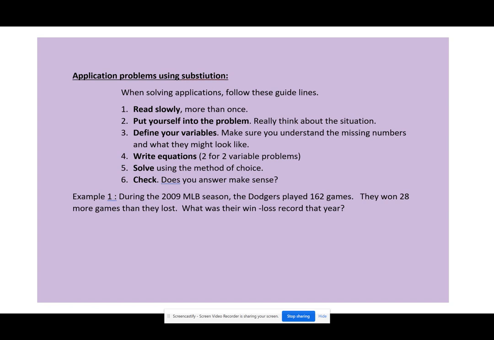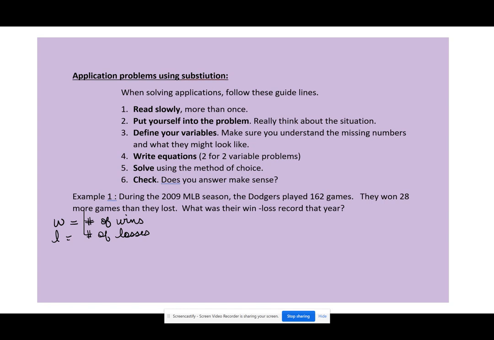And then what was the question? The last sentence says, what was their win-loss record that year? Well, that brings us to what they asked for. They want to know how many wins they had and how many losses they had. So I like to use actual letters that stand for the words. I'm going to let W equal the number of wins, and I'm going to let L equal the number of losses.